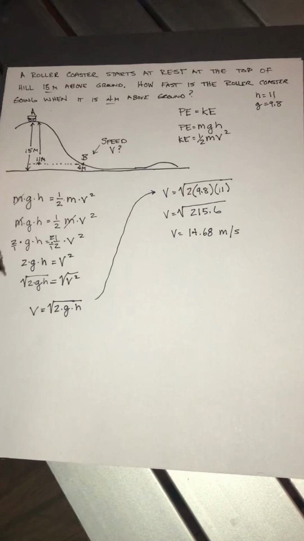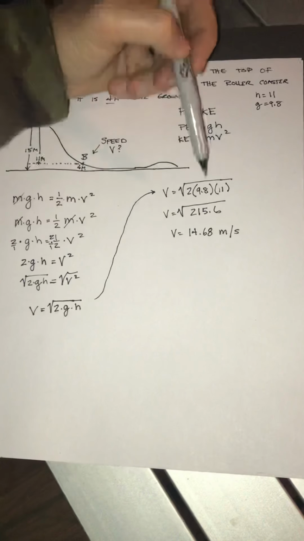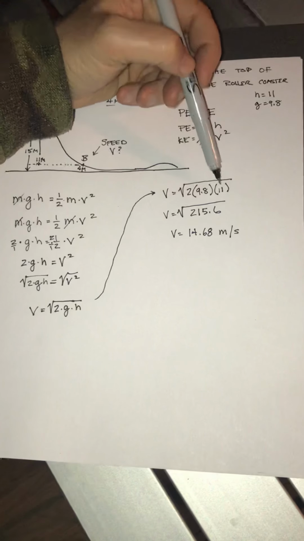Now, we want to get rid of this square, so we take the square root of that side, which means we also have to take the square root of the other side, which gives us finally something we can work with here, which is v, which is velocity, that's what we're looking for, equals the square root of 2gh. Well, we know what g and h are, so we can plug those in right here, 9.8 and 11.